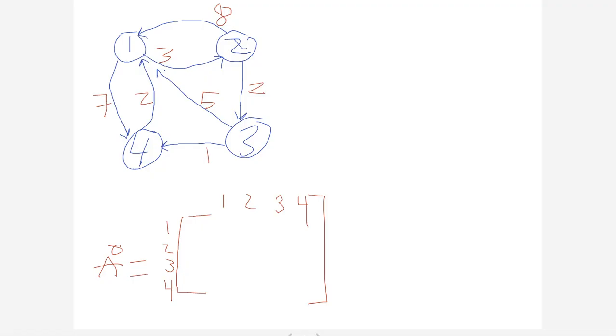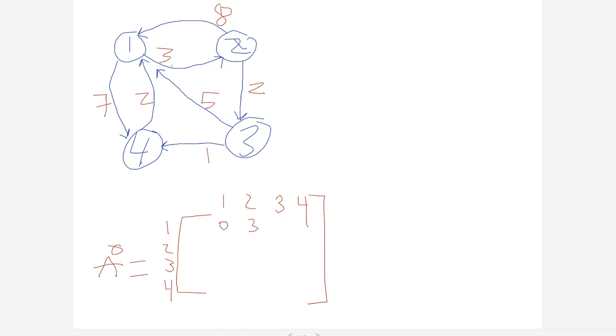So this is the original matrix, and let's see. The distance from 1 to 1 is 0, and from 1 to 2, as you can see from the graph, is, sorry, 3.